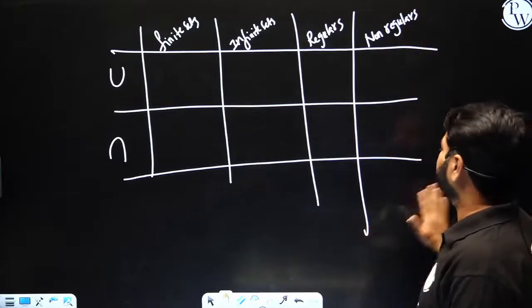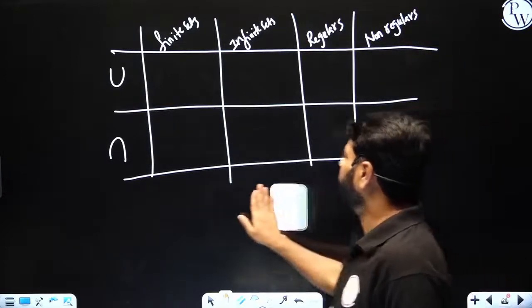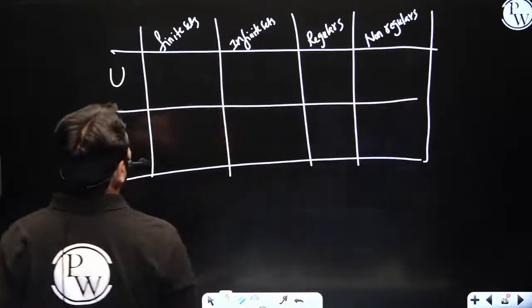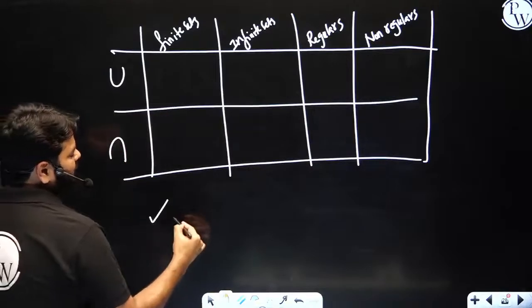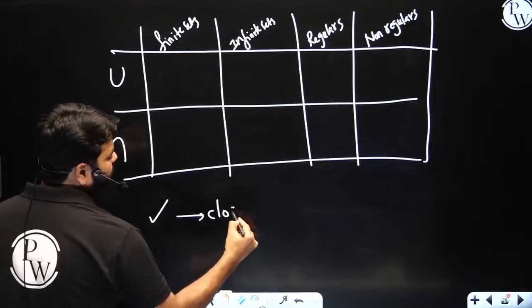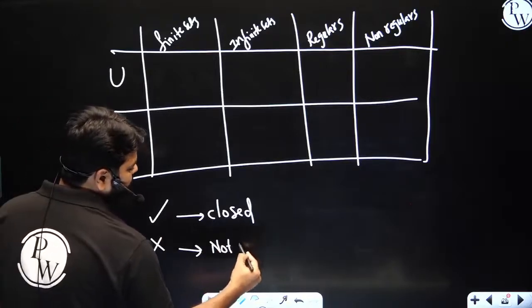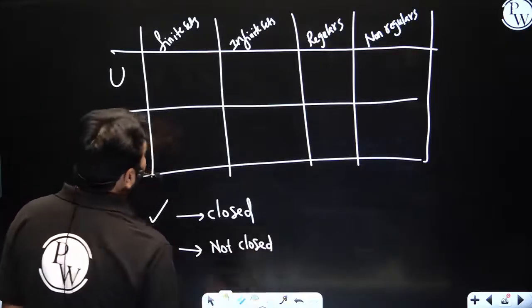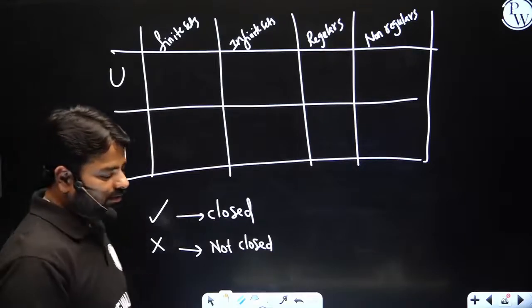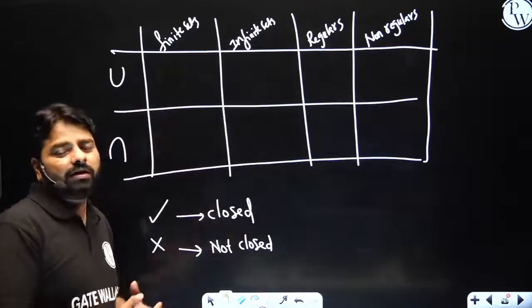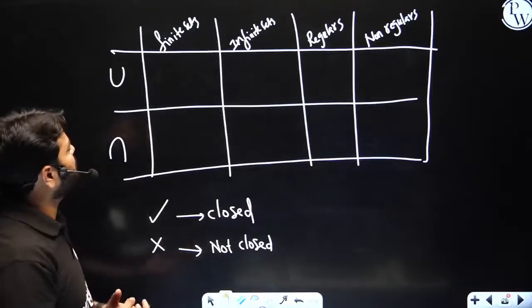So now we have a revision table. You know that a tick is for closed, a cross mark for not closed. Now you tell me, fill this table based on the knowledge that you have, so that you can recall many points that I have discussed.